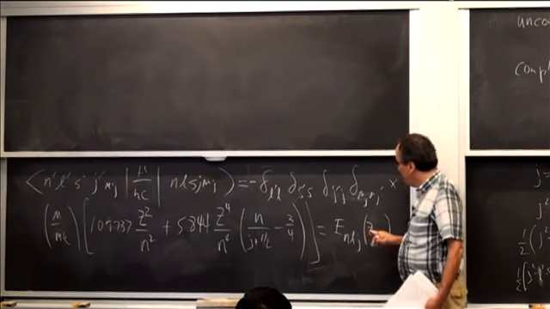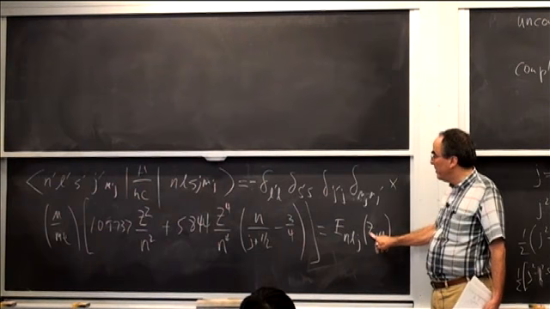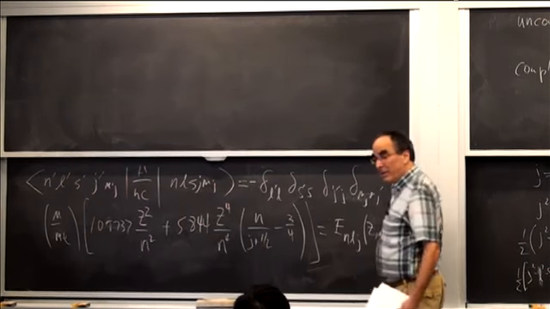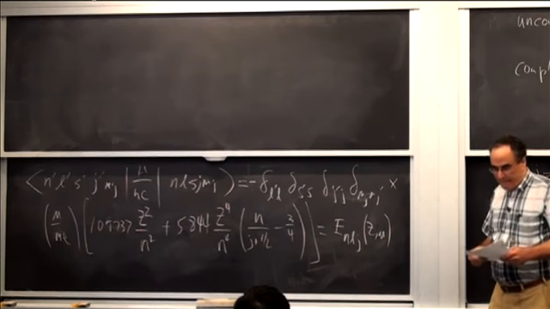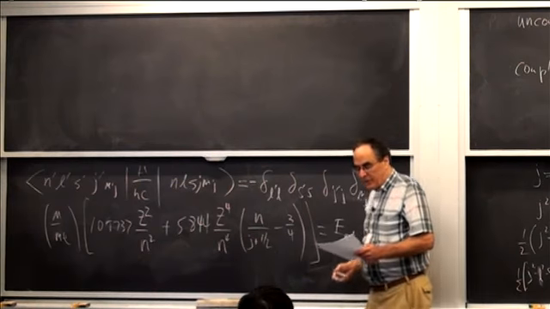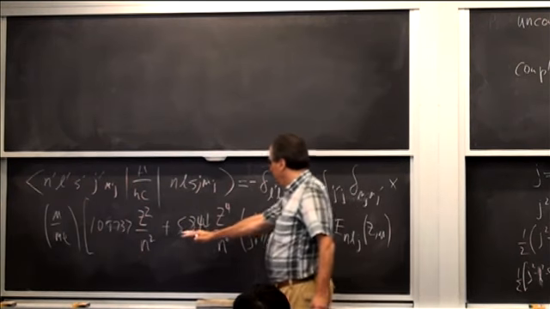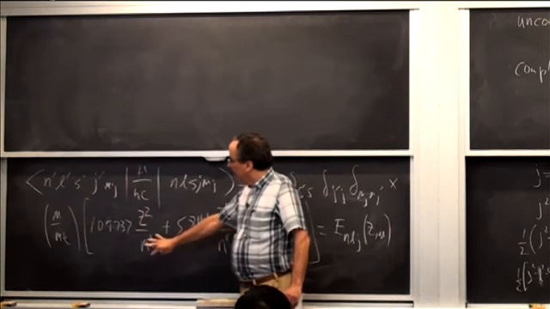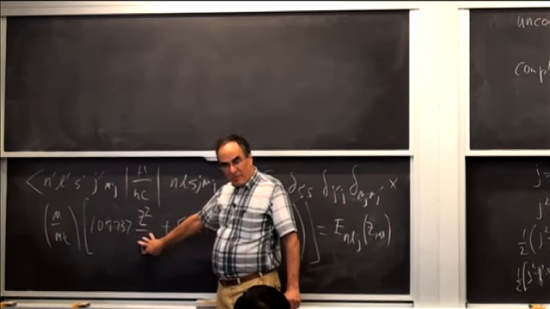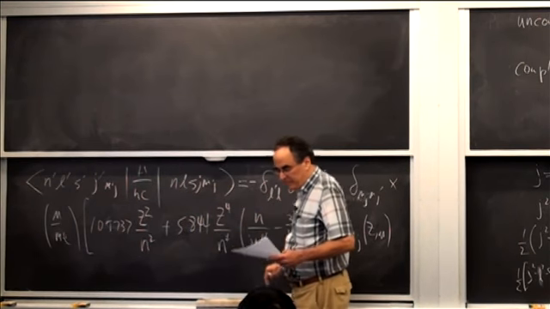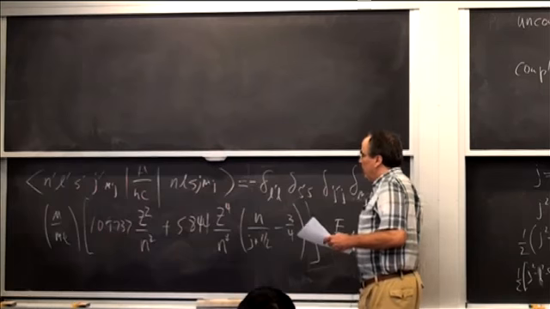Then there's a dependence on the charge on the nucleus and a dependence on the reduced mass. Okay, so these are the energy levels for a one-electron atom. We have the big thing, and we have the small thing, with a weaker scaling with the principal quantum number and a stronger scaling with the principal quantum number.